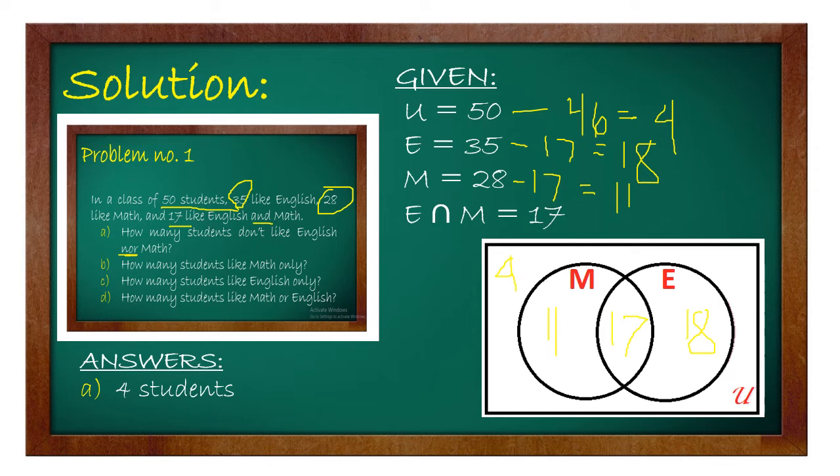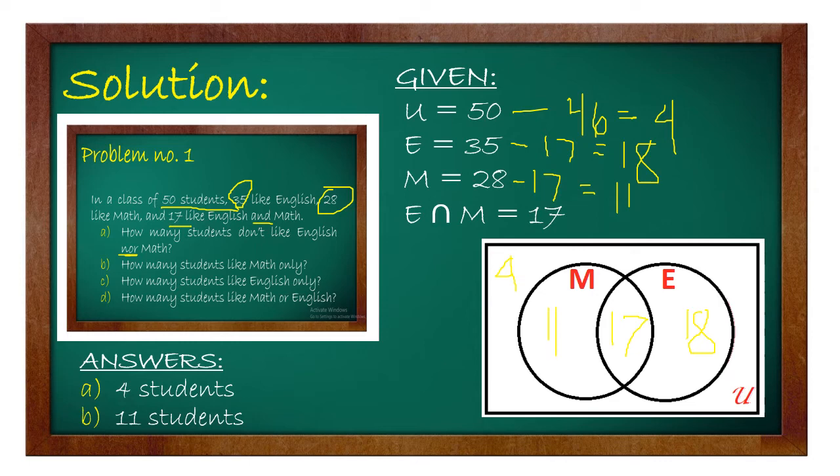Ibig sabihin, ilang estudyante ang may gusto lang ng math? Kasi kung titingnan natin sa Venn diagram, meron tayong kabuuan na 28. Ibig sabihin, sa 28 na yon, meron doon na may gusto din ng English. Pero ang tinatanong sa atin, kung ilan ng estudyante na math lang ang gusto. And that is 11 students.